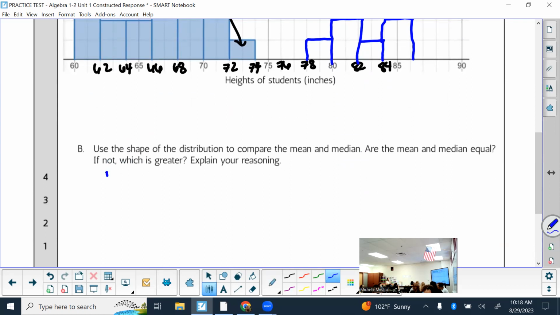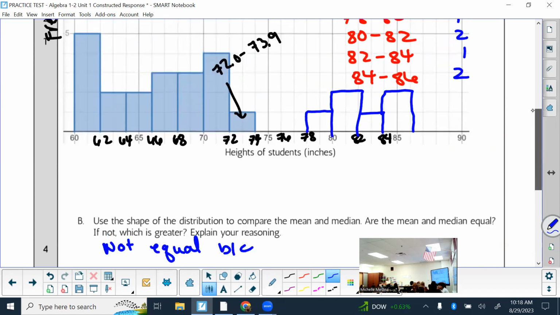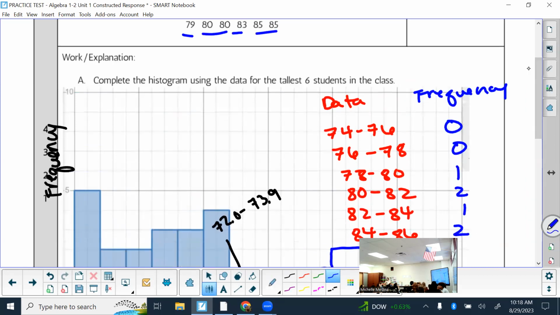Okay, I'm not just gonna tell you, so if someone out there knows and they're just not sharing. How do I know that the mean and median are not equal to each other from the shape of this histogram? When are they equal to each other?